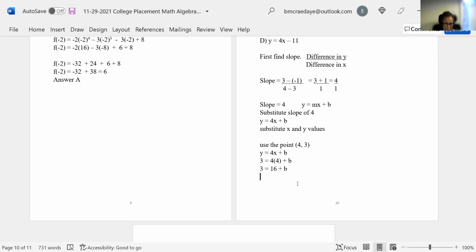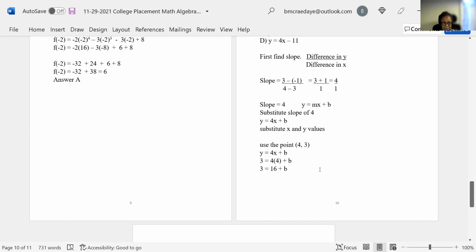No. What number do you add to 16 to get a 3? 19. No. What number do you add to 16 to get a 3?